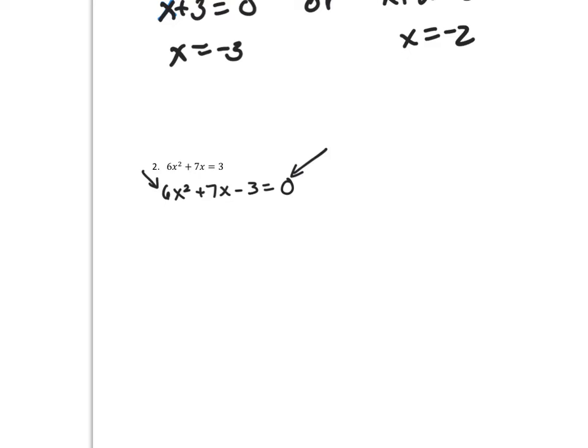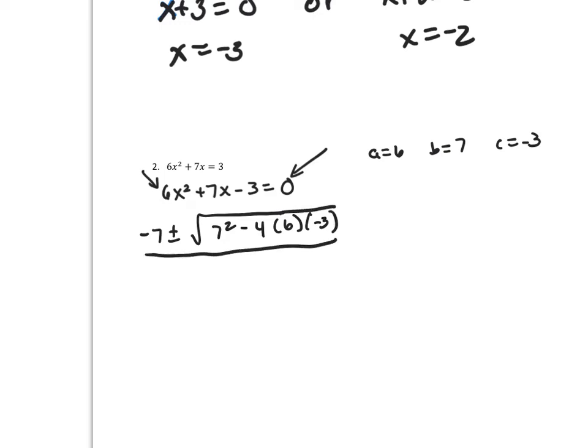And the quadratic formula will be negative b, because a is 6, b is 7, c is -3. So negative b plus or minus the square root of b squared minus 4ac, all over 2 times a, or 2 times 6.